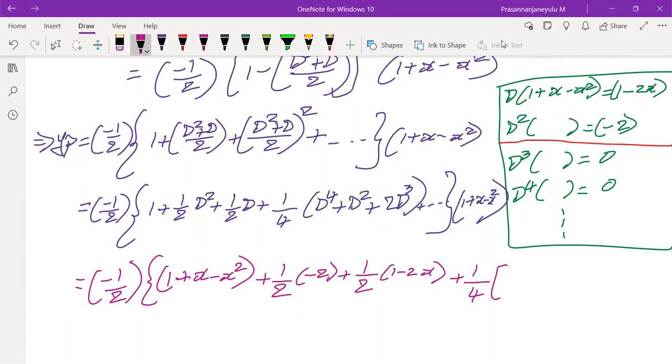D power 4 of 1 plus x minus x square value, what is it? 0. Plus D square of 1 plus x minus x square value is minus 2, plus 2 into D cube of 1 plus x minus x square value is 0. So plus all the remaining terms become zeros only.